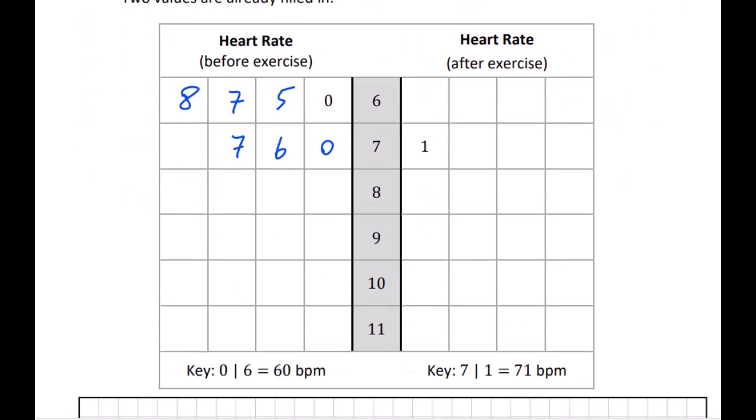And then let's see, we have 83, 88 and 89, and then on the right hand side we've got 71, 79, 81, 83, 87, 91, 102, 108, 113 and 118. So that's the stem and leaf plot filled in.